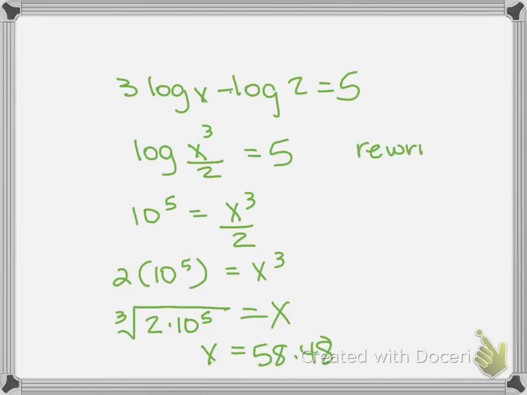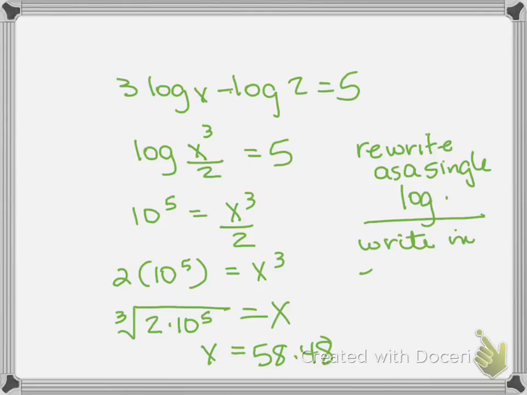Yes, there are a lot of decimals when we're doing logarithms, okay? So you need to get used to that. The first thing we did is we rewrote it as a single log, then we wrote it in exponential form, and then we solved for x. Easy peasy.